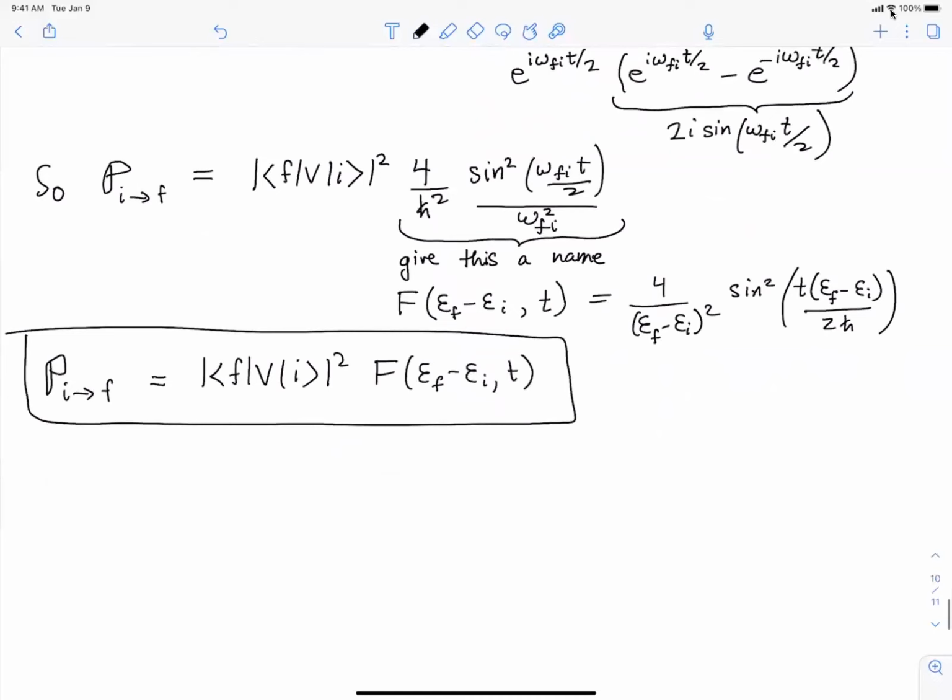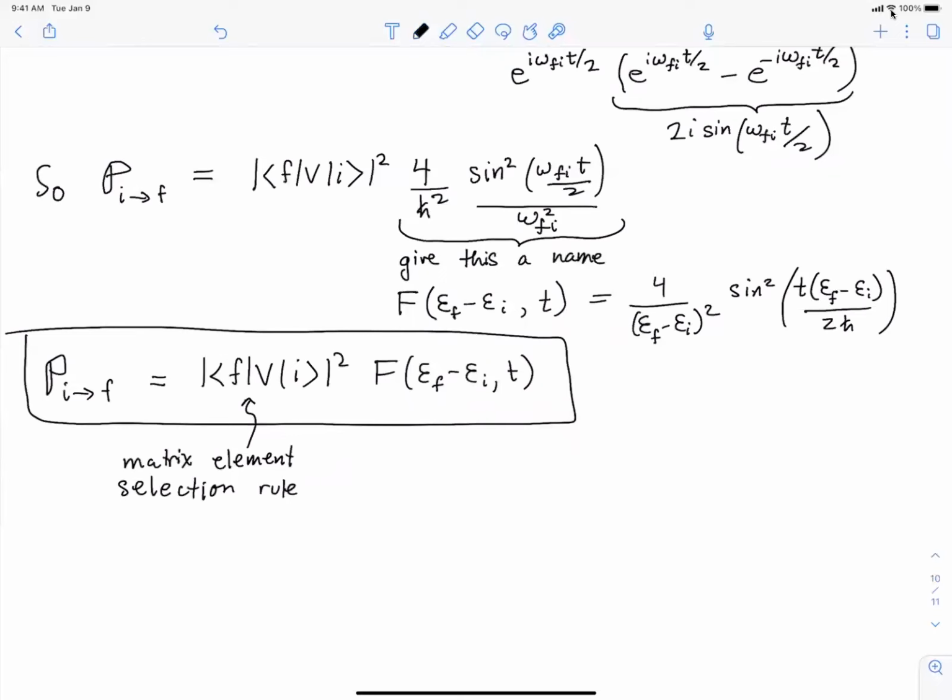Okay, and so if we're going to worry about computing this, this first part, the matrix element part, is giving us a selection rule. There's a matrix element selection rule built into that, which just says that you only get a non-zero answer if the matrix element of the perturbation between your initial and final states is non-zero.